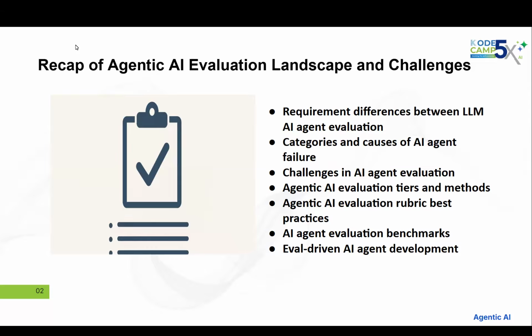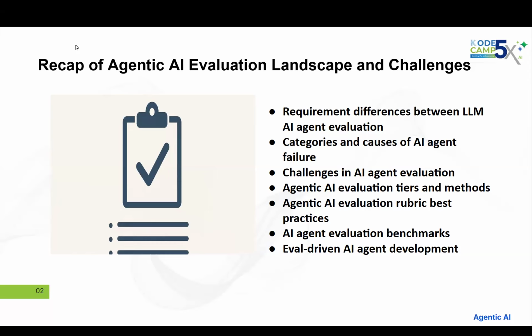The second one will have to be tool and execution failures. This can happen when the agent chooses to use its available capabilities incorrectly.